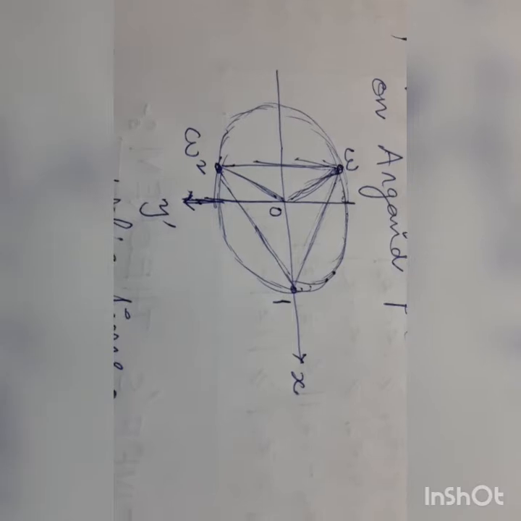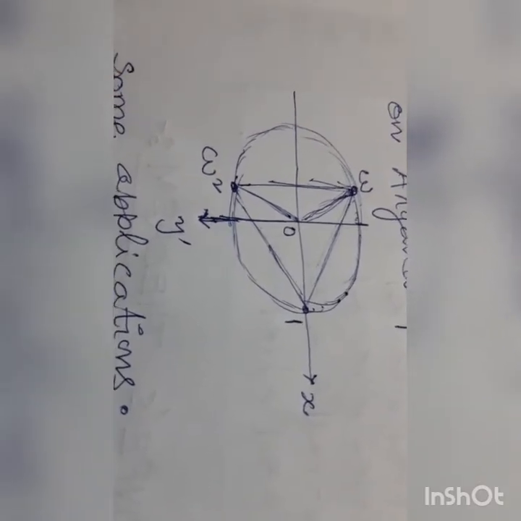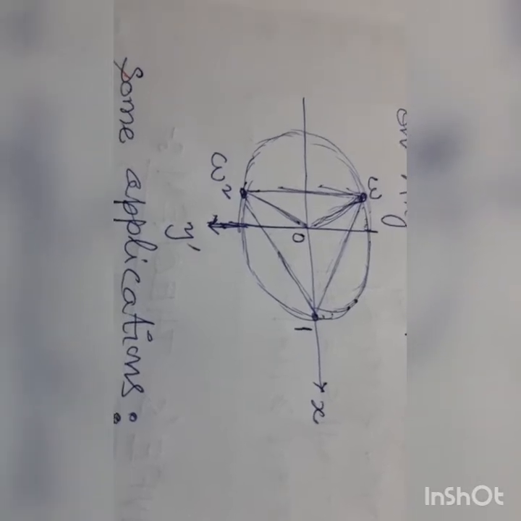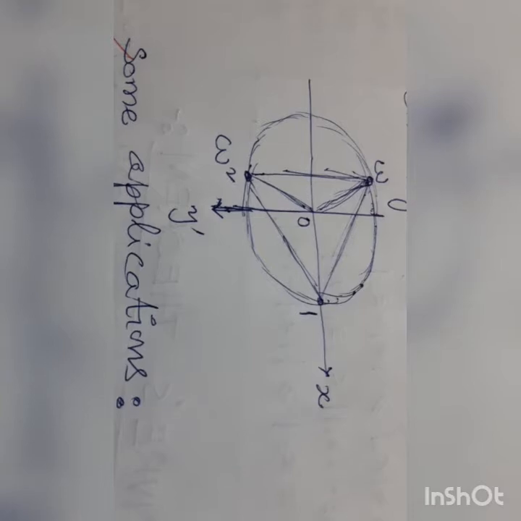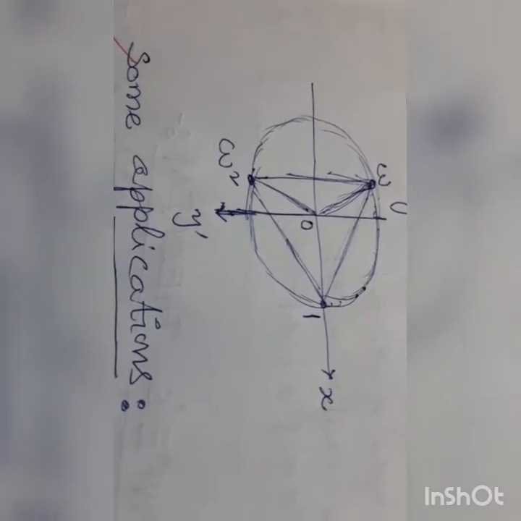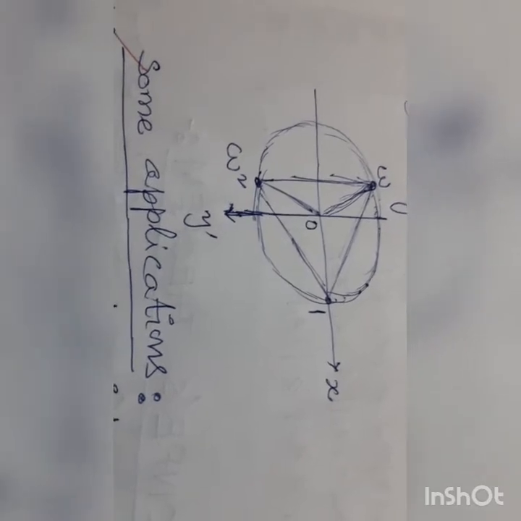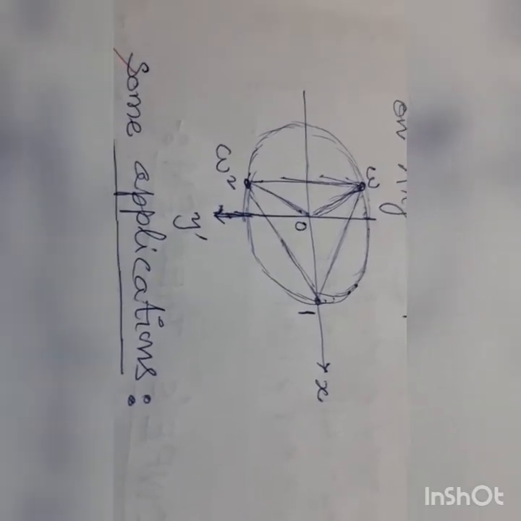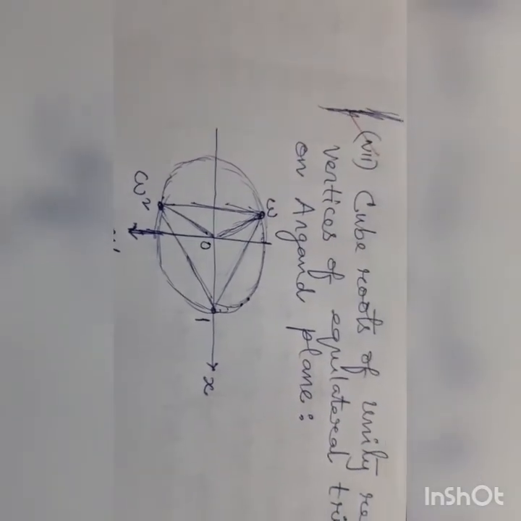So, 0 to 1. On the circle, 1 will be there. Omega will be there. Omega square will be there. Omega means (-1 + i√3)/2. Omega square means (-1 - i√3)/2. These 3 points on the circle are making an equilateral triangle.